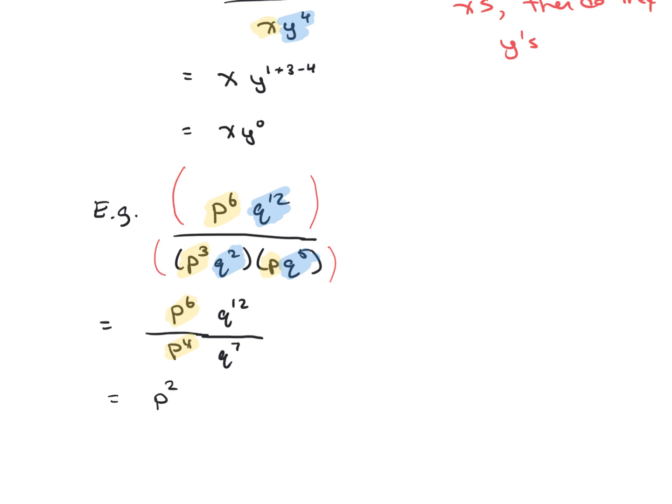Try the same thing with the q's. q to the 12 over q to the 7 will simplify to q to the 12 minus 7. 12 minus 7 is 5. All right, so that would be the simplified version of this long, big question.